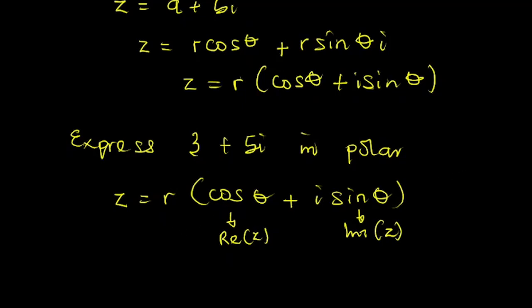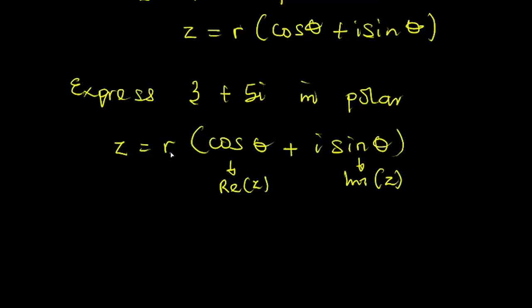All right. So we just need to find our r, and remember for r we use Pythagoras theorem. This is a, this is b, don't forget. So r squared is equal to 3 squared, which is a squared, plus b squared. Remember, these are two sides of our triangle, the horizontal side and the vertical side.